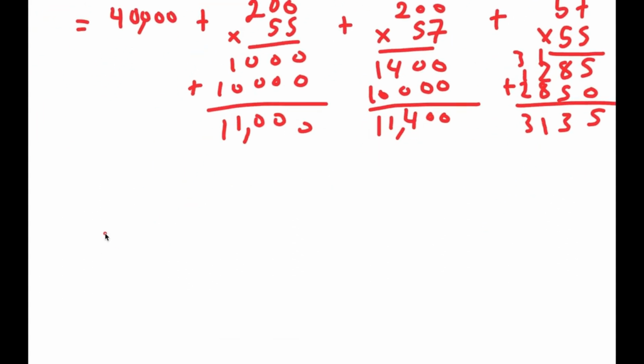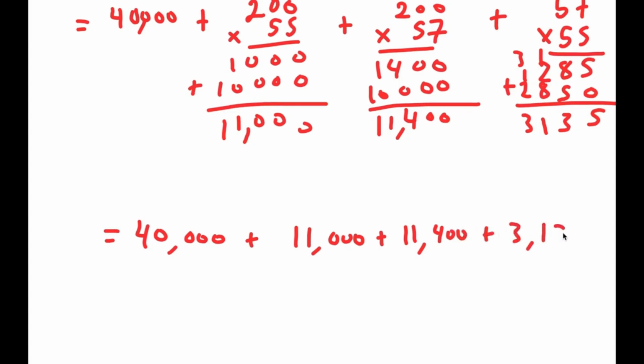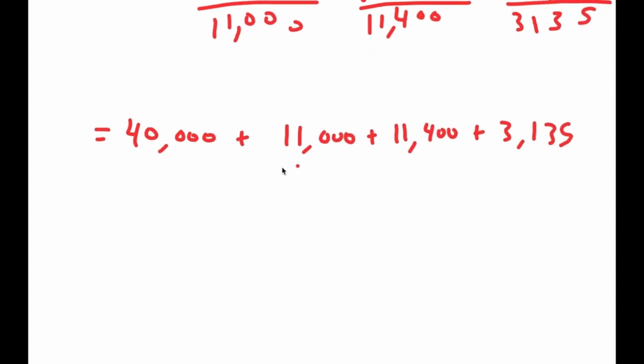So I have 40,000 plus 11,000 plus 11,400 plus 3,135. Now I'm going to add all this up. 11,000 plus 11,400 is 22,400.